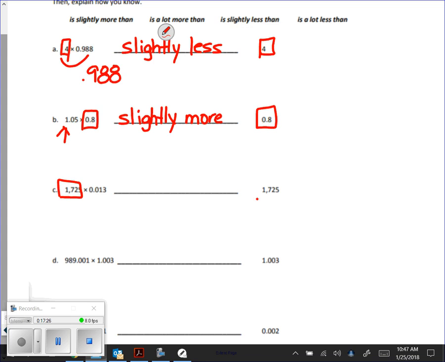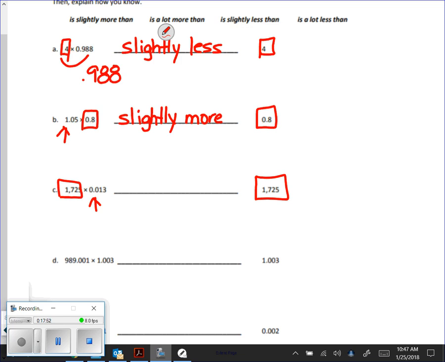1,725, comparing it to 1,725. My scaling factor is 13 thousandths. Now, is that more than or less than 1? Less. I don't even have a 1. So it's less than 1. There's nothing in the ones place.